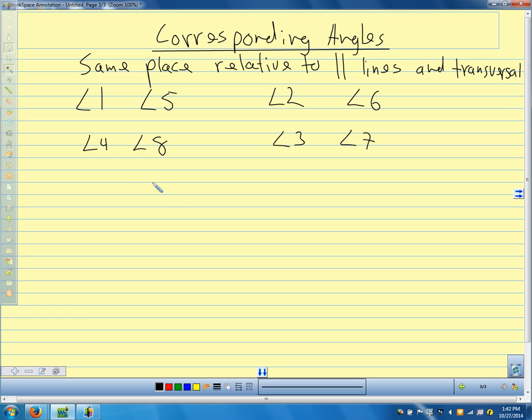So in the very bottom, corresponding angles are congruent. So we can put a congruent sign in between each of those. When we have parallel lines cut by a transversal, corresponding angles are congruent.